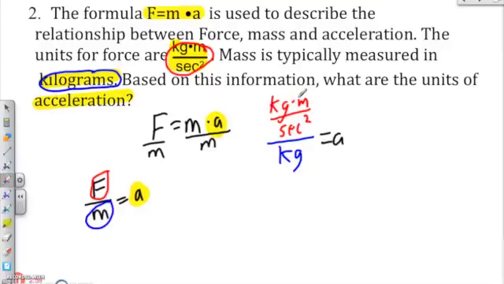So I'm going to rewrite this. I only like to have one division problem at a time as far as fraction form. So I'm just going to rewrite my first one exactly how I have it: kilograms times meters per second squared. Now, remember our fraction bar is a division symbol.